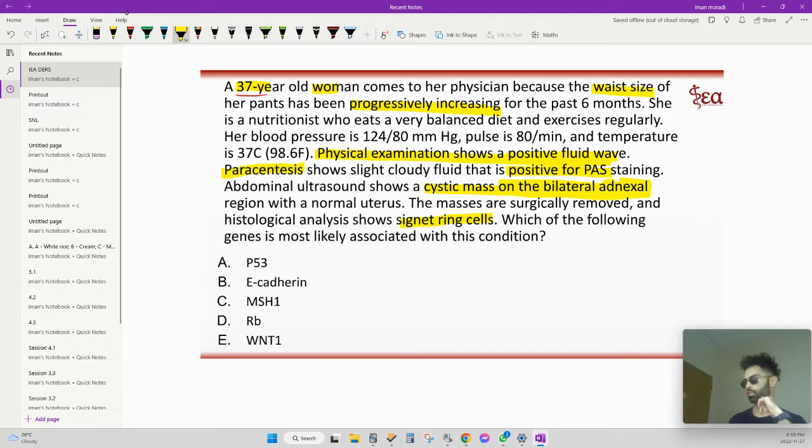The masses are surgically removed, and there are single cells. Single cells histologically are identifiers of the diffuse type of cancer, which is the type of stomach cancer that can metastasize to the ovaries via seeding. It's not hematogenous. It's not through lymph.